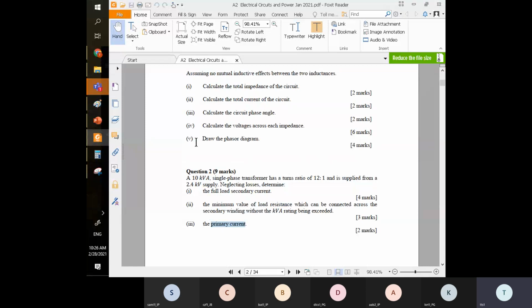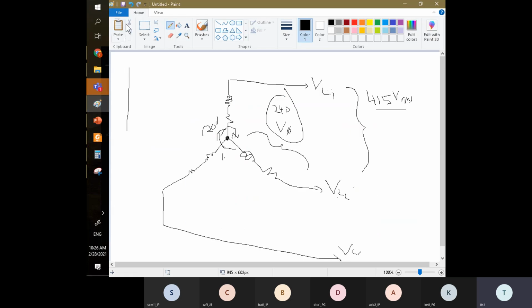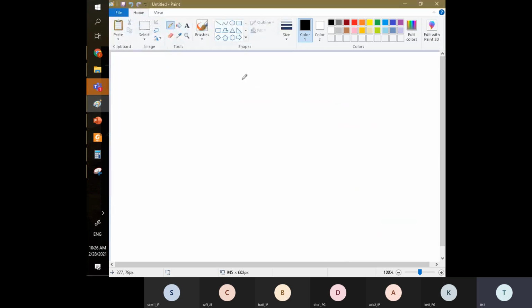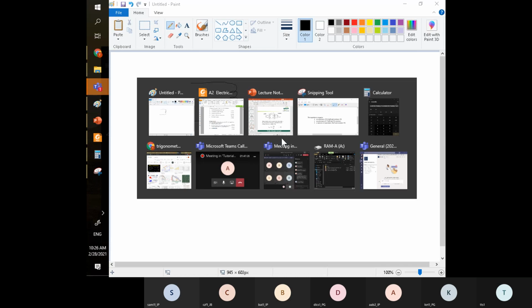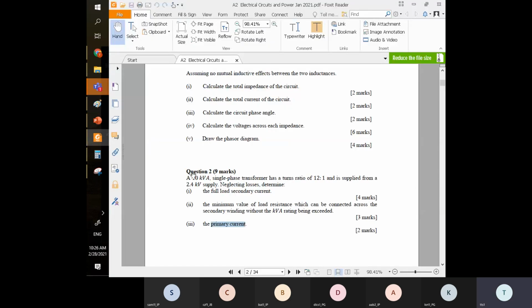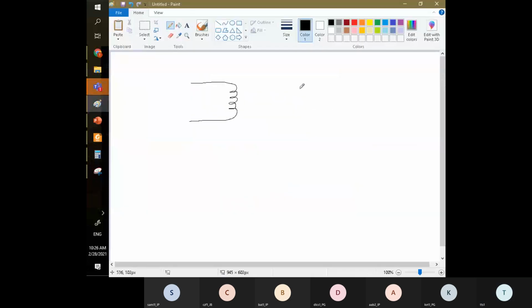The equation you need is actually quite basic. Let me show you some of the basics of this transformer. This transformer is a single phase transformer, which is the easiest one. We have a primary here and a secondary.